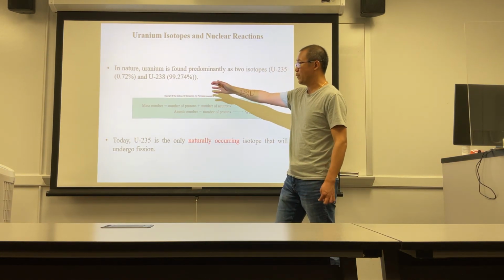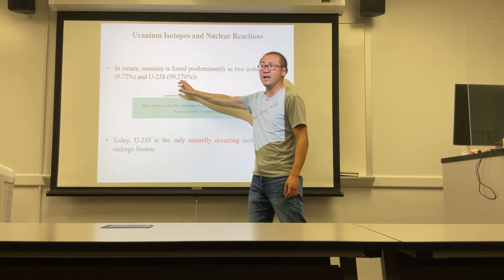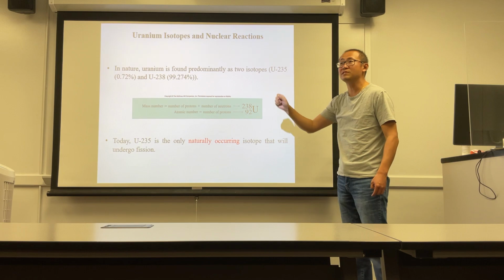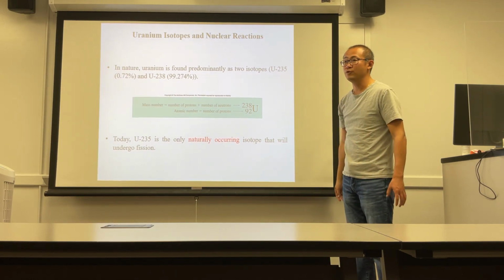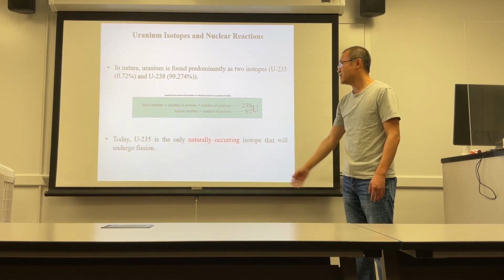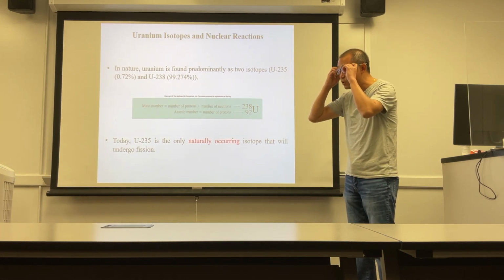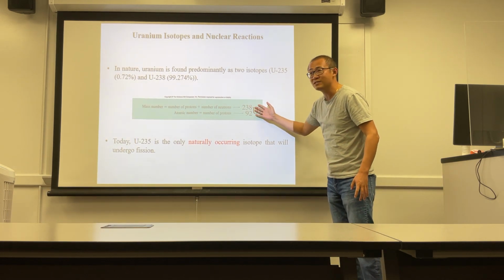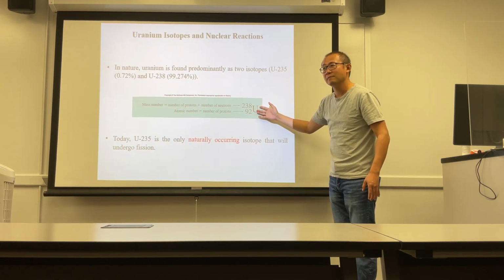Of course, uranium-238 is the main isotope. Uranium-235 is only less than 1% in the mixture of uranium ore. And also, because this chapter we're going to talk about the protons, neutrons, and mass, remember this notation, guys?